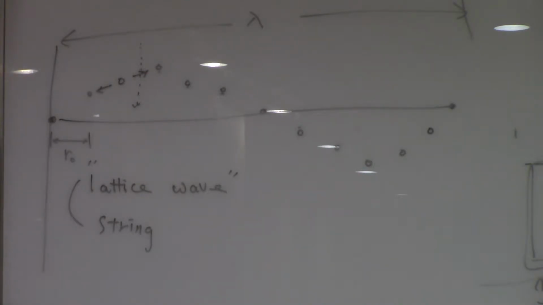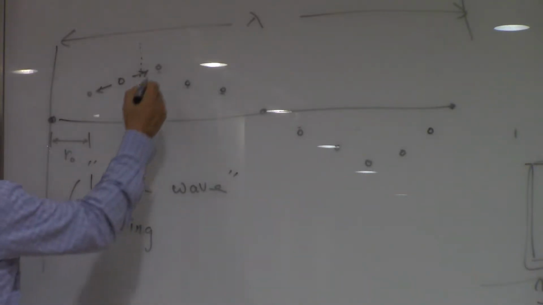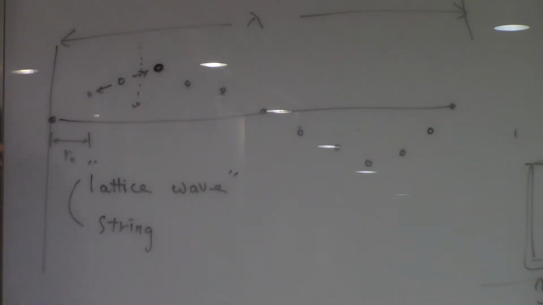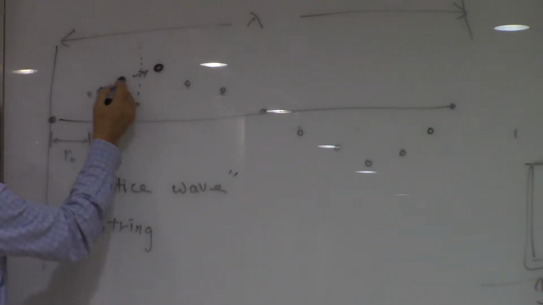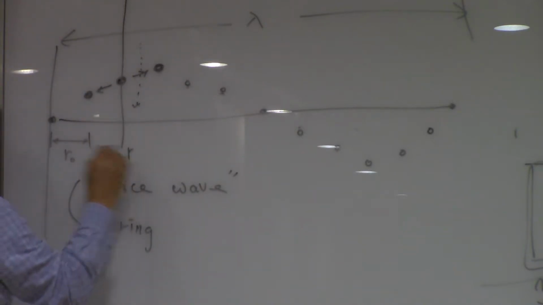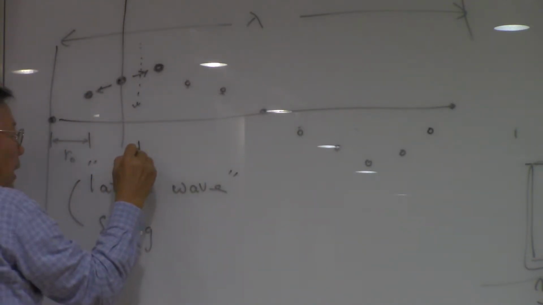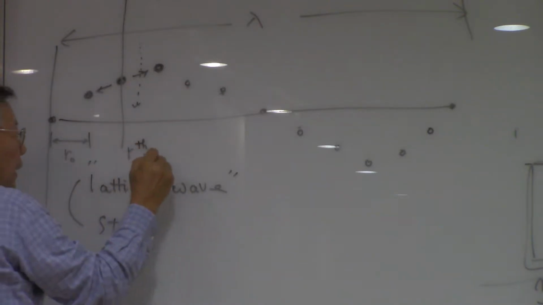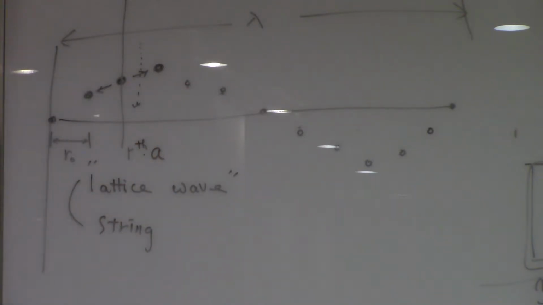So naturally, in the lattice wave section, as shown in the textbook, we want to see what's going to happen to some specific atom with its nearest neighbors. Okay? So let's make this section big and take this r-th atom, okay? And then a is the lattice constant, for example.